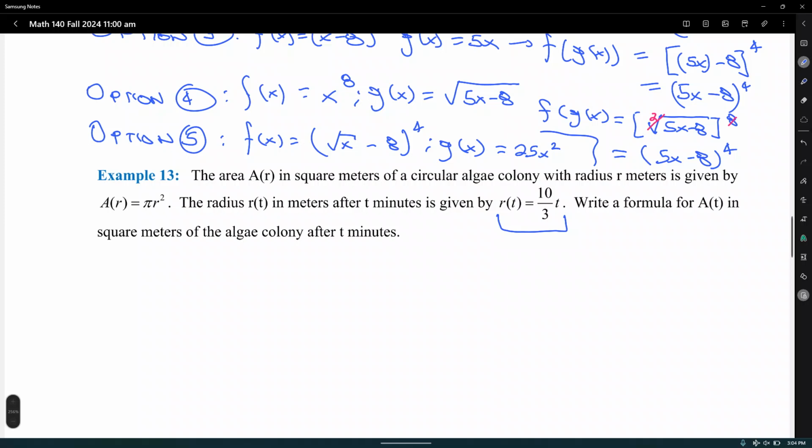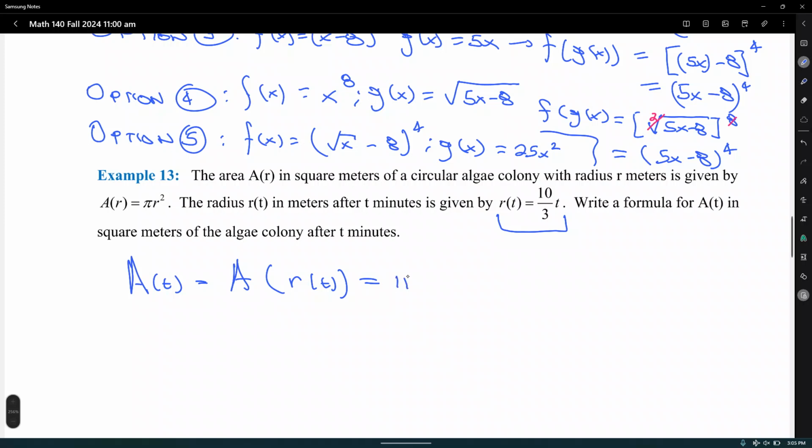They're asking us to write a formula for A of t in square meters. So A of t will be formed by, number one, A evaluated at r of t. So the same function A evaluated at r of t.